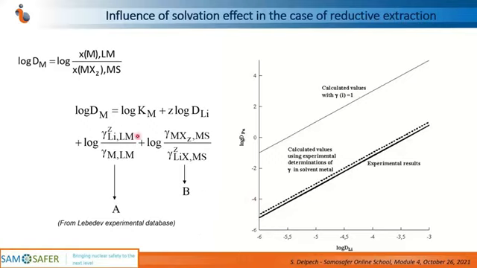After, they considered only the activity coefficients of the elements in the liquid metal. That was determined by Lebedev, so these data are known, and they considered that the activity coefficients in the molten salt are equal to 1. Only considering the activity coefficients in the liquid metal, they obtained this curve, the dashed line here, and we observe that it's very close to the experimental results.